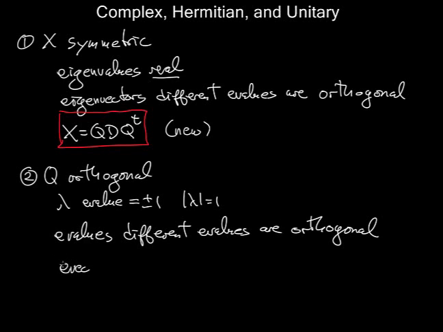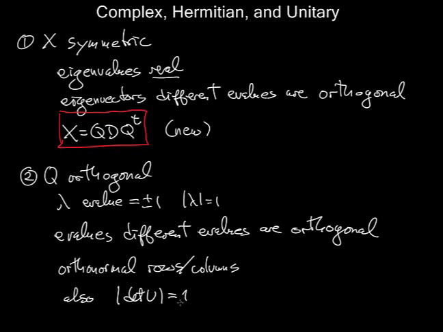We haven't seen that before. It's a similar property to symmetric matrices. And the rows and columns of an orthogonal matrix are orthonormal. Finally, please ignore this determinant of U thing. This is a misprint. The fact is that the determinant of an orthogonal matrix is plus or minus 1.